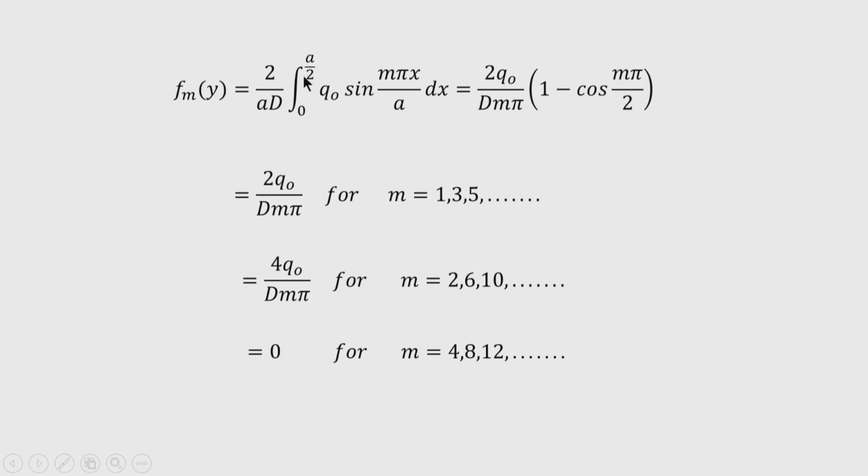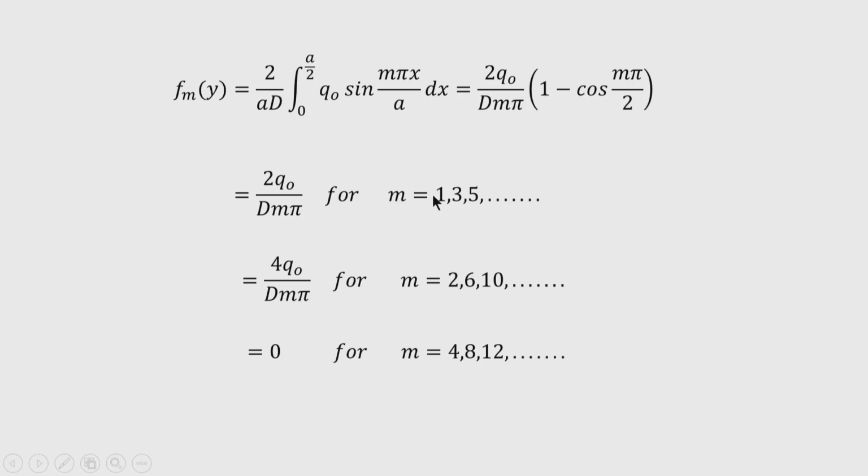So, putting this limit and evaluating the integral, we get this f_m(y) as 2 q naught by D m pi times (1 minus cos(m pi by 2)), and you can see this integral gives very interesting results.